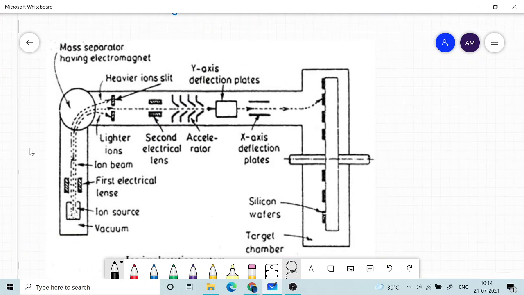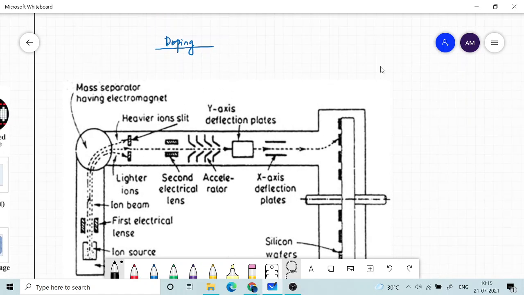Okay, so next, another step. Once you pattern the resist, you can either do etching or you can do doping.